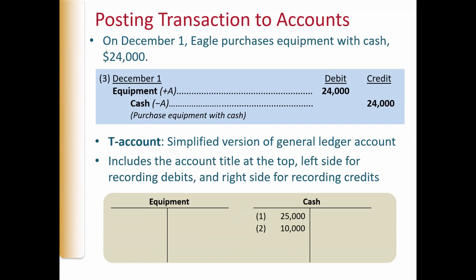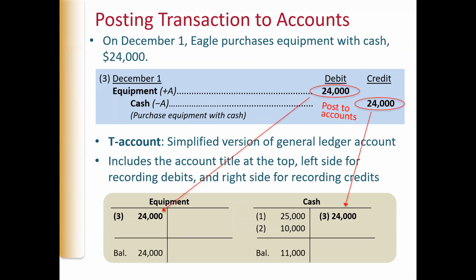Okay. Next, on December 1st, Eagle purchases equipment with cash of $24,000. So what happens? Equipment increases, cash decreases. All we're doing here, instead of showing it in an account form, is using what we call a T account, which is an easier way of looking at the general ledger.